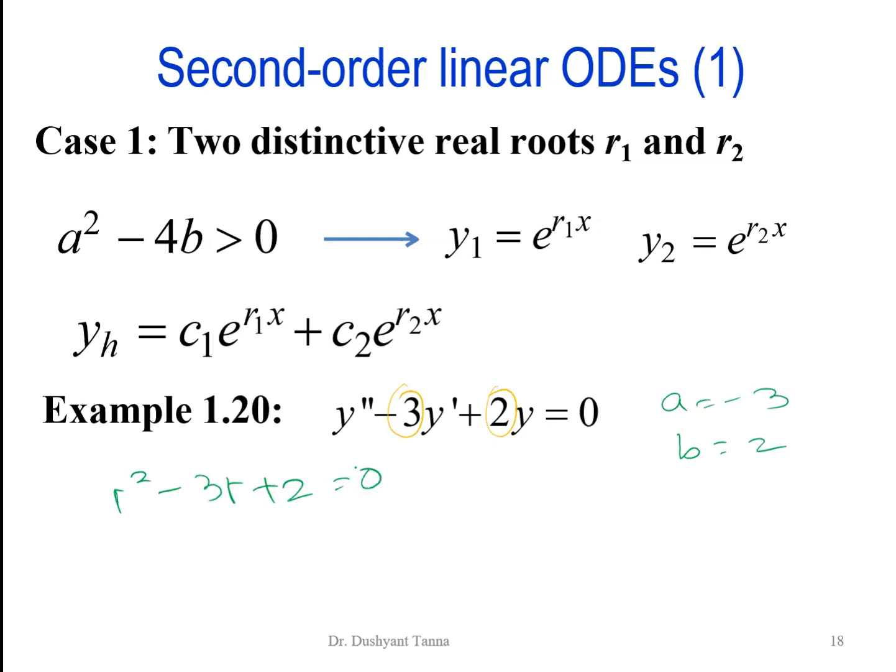What I did, rather than y double dash, I wrote r squared. Rather than y dash, I wrote r and got rid of y. You know how that works? Let me write this bit differently.